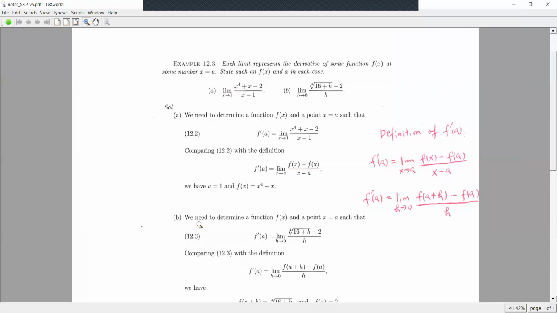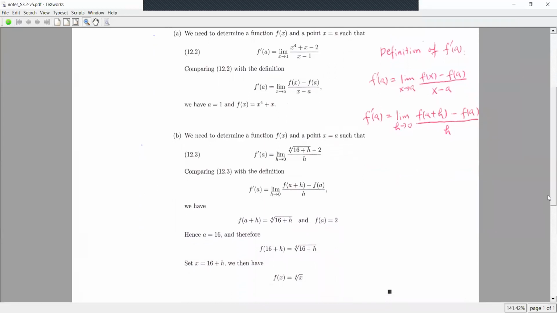Solution to part B. We need to determine a function f and a point A such that the derivative of the function at the point A is this limit. To find the function f and the point A, this time I compare this limit with the second formula here. By comparing this equation and this equation, I can see that f of A is 2.